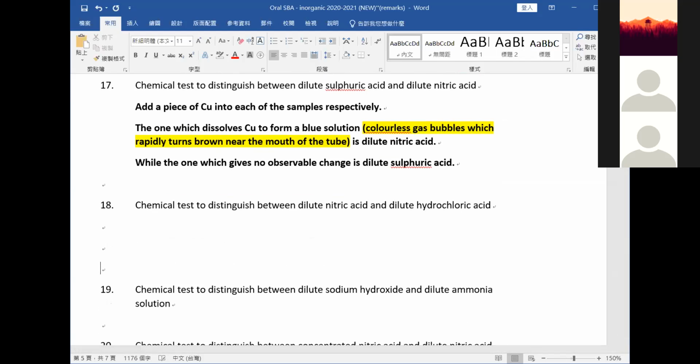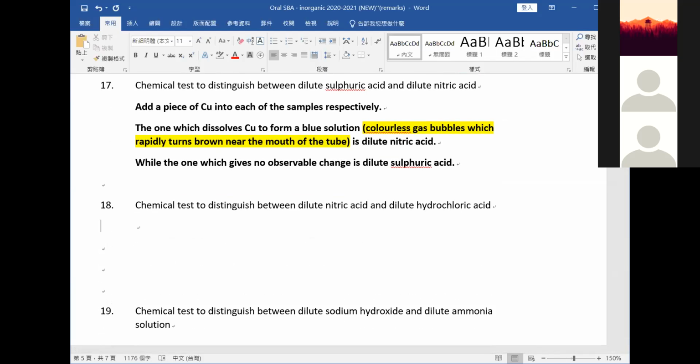Now, about 18. Chemical test to distinguish between dilute nitric acid and dilute hydrochloric acid. Someone suggested using silver nitrate solution.